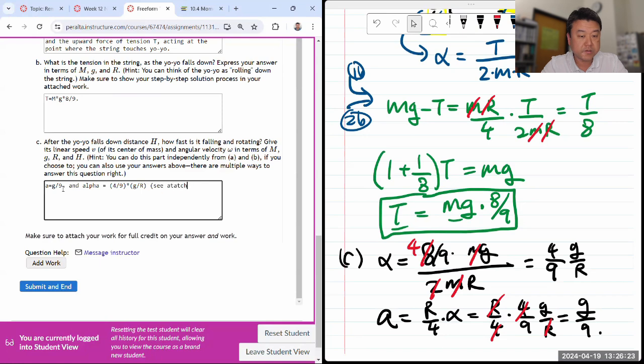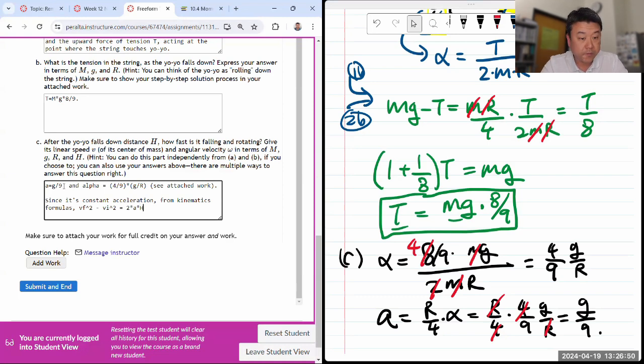Since it's a constant acceleration, from kinematics formulas, I'm going to use the v squared formula. v final squared minus v initial squared is equal to 2 times acceleration times the distance h.